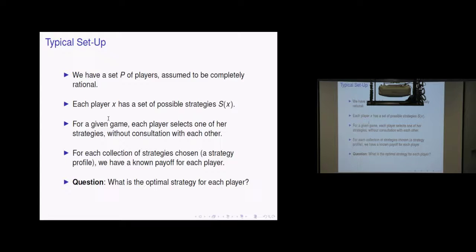So that's the setup. Now we are on our journey to see whether there is a best way to play. The answer will be at the end. Actually, for this simple game, the answer is not so easy.